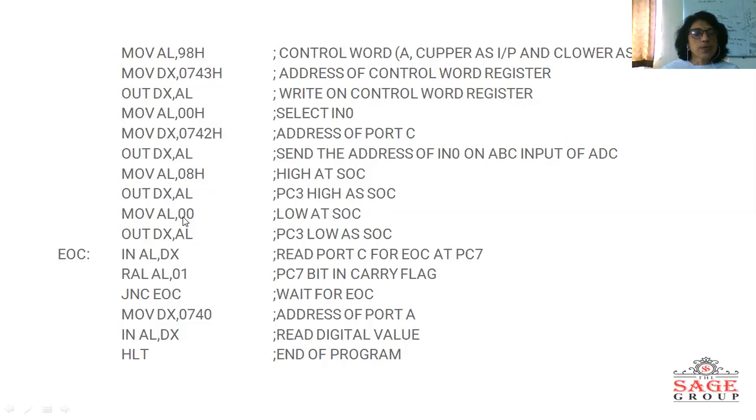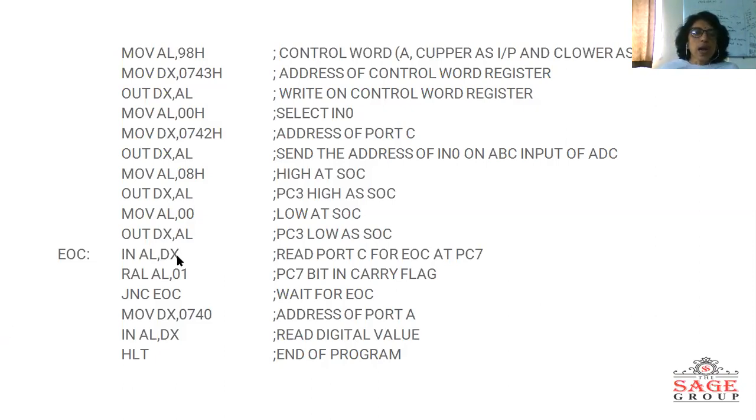Now, to generate the pulse at start of conversion, we make the AL register 0, then output this again at port C. So by using these commands, we are generating the pulse at the start of conversion pin. So the conversion process will start.